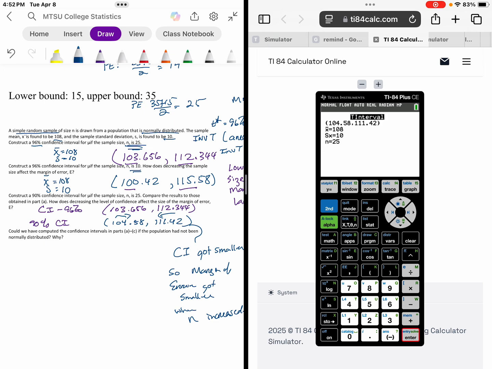So no, we shouldn't have, because sample sizes were less than 30. We would have needed to graph.